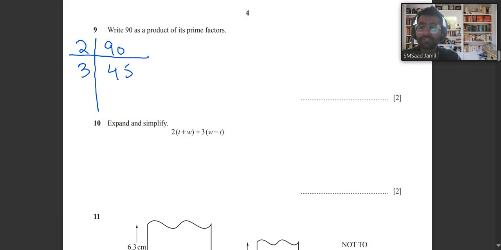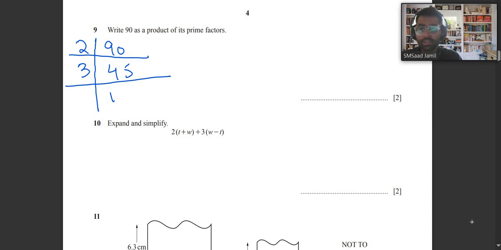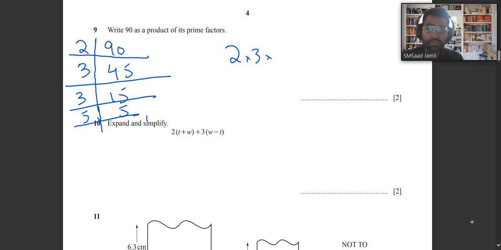Then we have 3, let's use a calculator so that I don't make silly mistakes again and again. 45 divided by 3, even though it's 15, I'll still use it. Oh, 15. Then 3 5s are 15, and then 5 1s are 5. So your prime factors are 2 multiplied by 3 multiplied by 3 multiplied by 5, or you can say 2 multiplied by 3 square multiplied by 5.